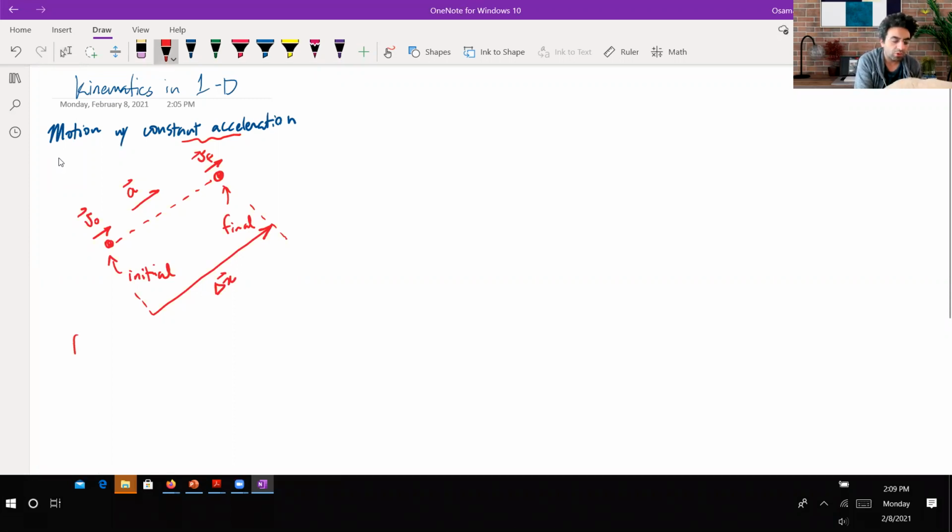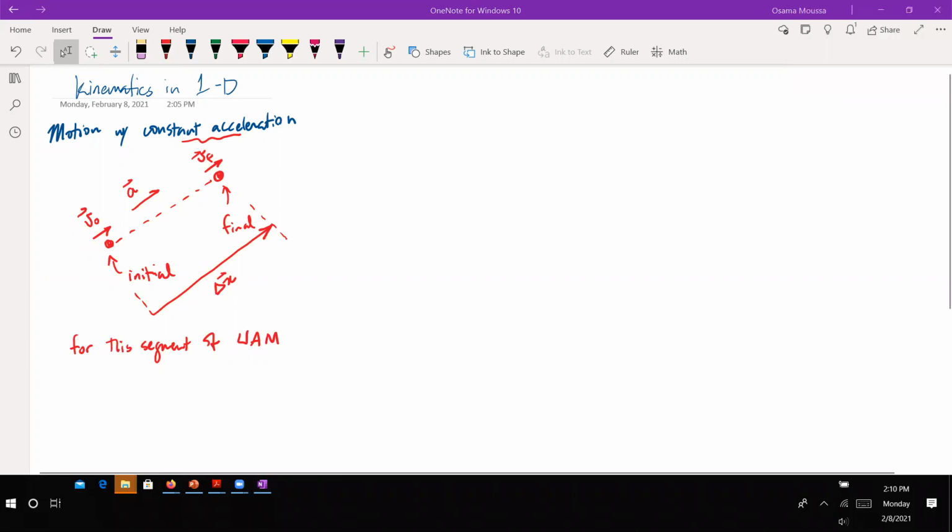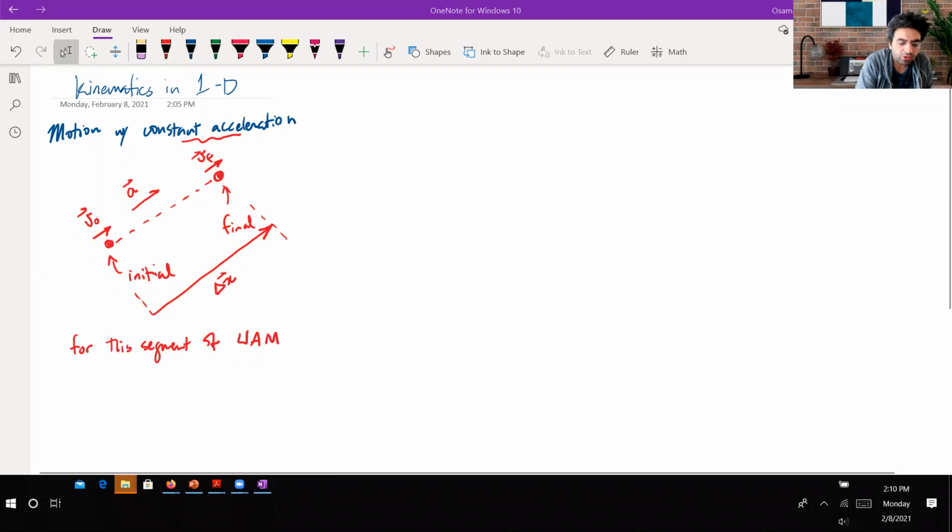So for this segment of motion, sometimes called uniformly accelerated motion, or motion with constant acceleration. So uniformly accelerated motion means motion with constant acceleration. So this UAM stands for uniformly accelerated motion.